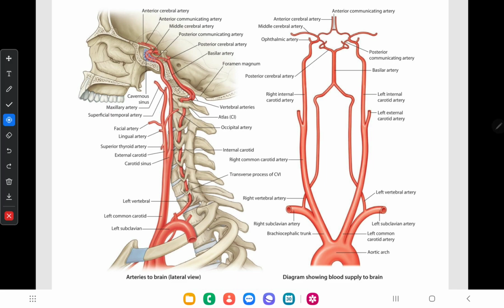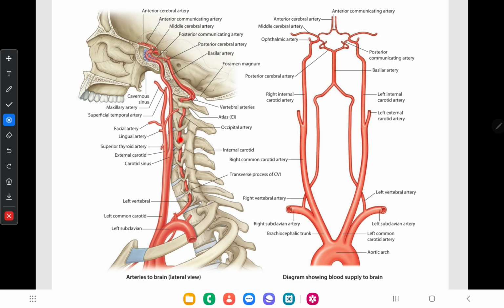The vertebral artery is the first branch arising from the subclavian artery. There are two vertebral arteries, the right vertebral artery and the left vertebral artery. Here you can see the left vertebral artery only. When we talk about the course of the vertebral artery, it ascends in the neck through the foramina in the transverse processes of the upper six cervical vertebrae.